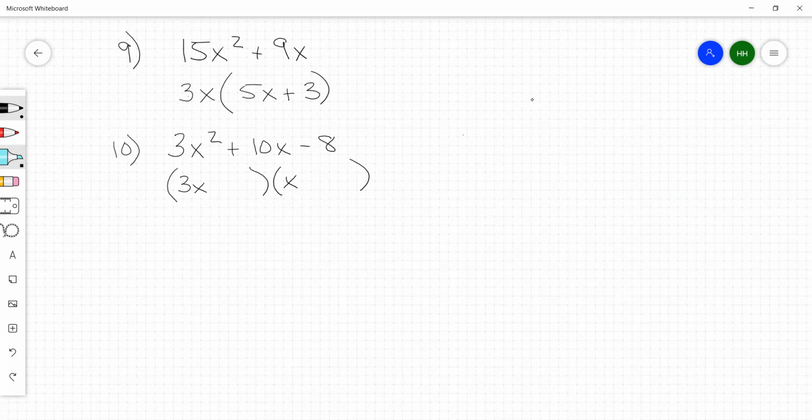And then I'm going to draw my table. And my factors of 8, I got 1 and 8, and I got 2 and 4, and that's it. So if I go 3x here and x here, I got to get to a positive 10 in the middle.